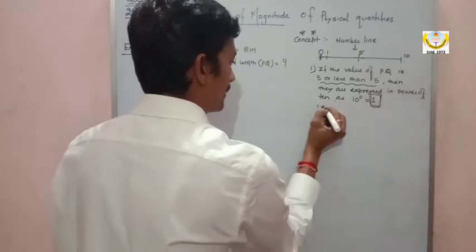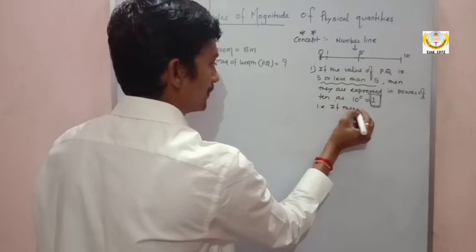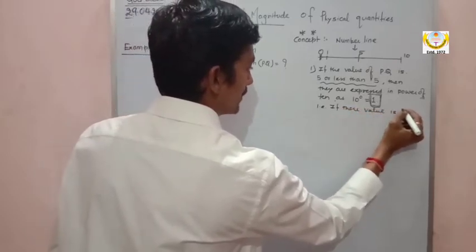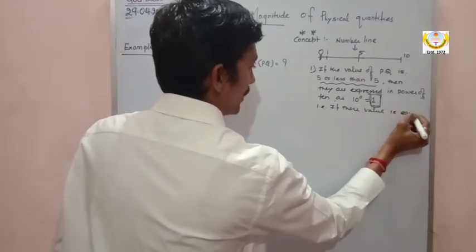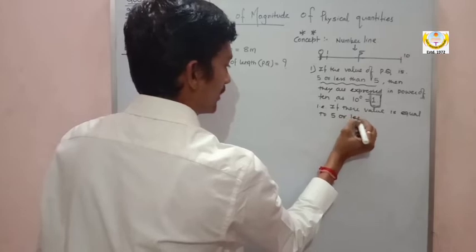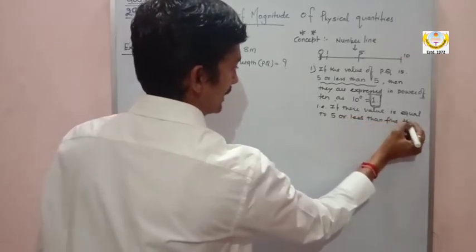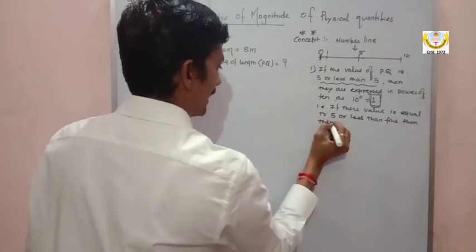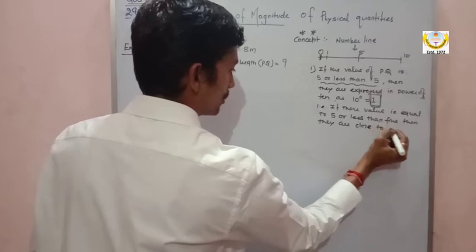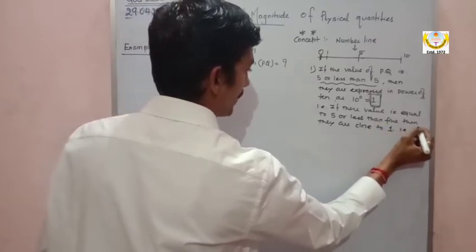That is, if their value is equal to 5 or less than 5, then they are close to 1, that is 10 power 0.